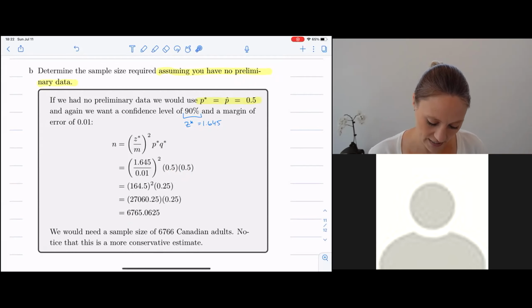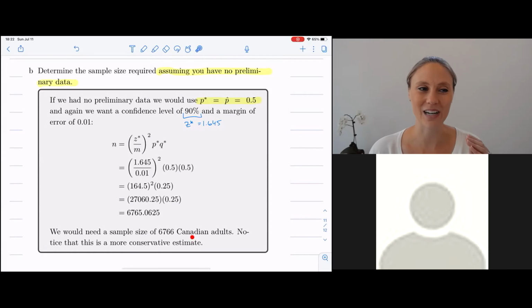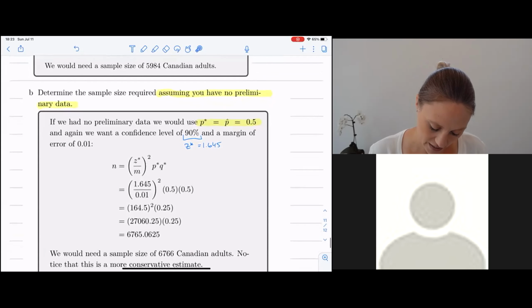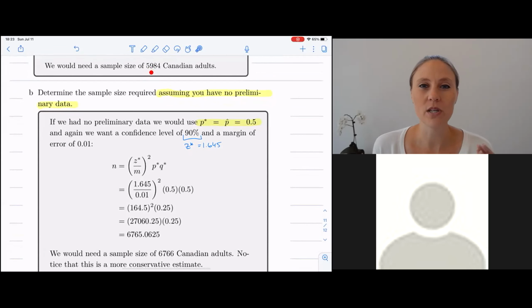So then what we find is, once we round up, we would need a sample size of 6,766 Canadian adults. And here I'm just emphasizing, having it on the same page, that when we used the sample data, we needed a sample size of 5,984.